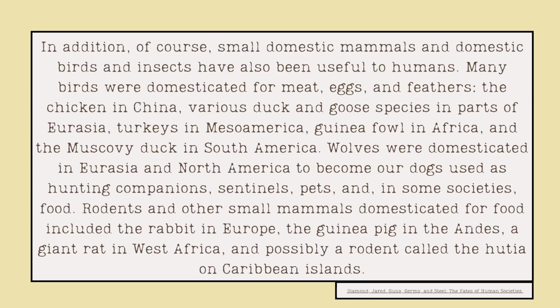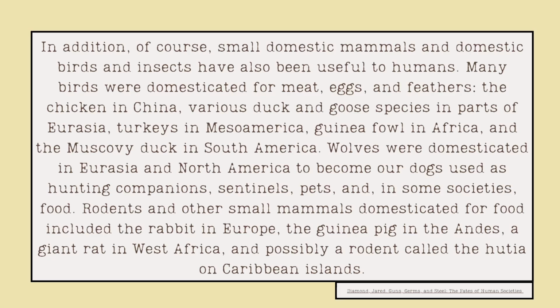In addition, of course, small domestic mammals, domestic birds, and insects have been useful to humans. Many birds were domesticated for meat, eggs, and feathers: the chicken in China, various duck and goose species in parts of Eurasia, turkeys in Mesoamerica, guinea fowl in Africa, and the Muscovy duck in South America.